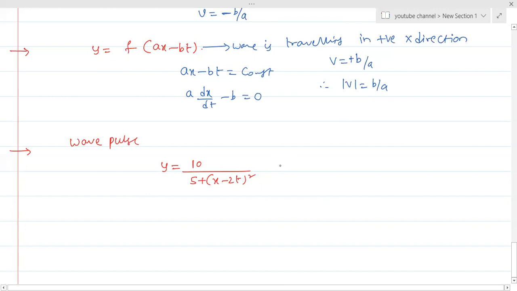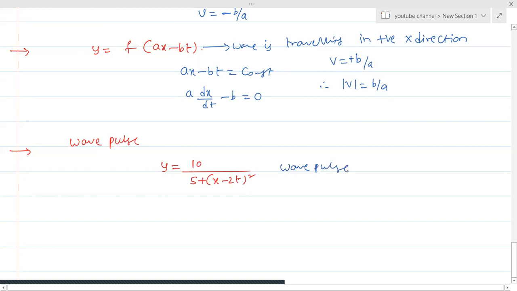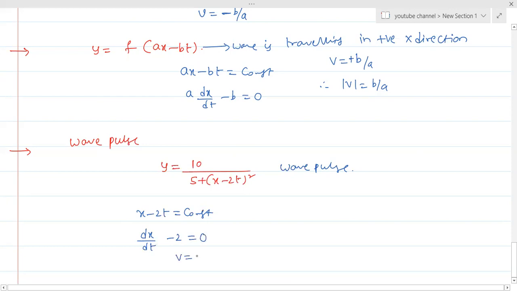Obviously this is a wave, and we call it a wave pulse because for any value of x and t it can be defined. We take x minus 2t as constant according to our previous discussion and differentiate on both sides. So we get dx by dt minus 2 equivalent to 0 and v equivalent to plus 2 meter per second.